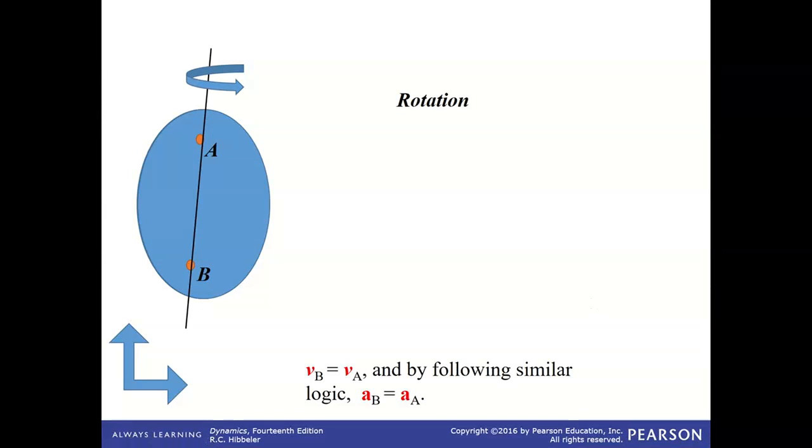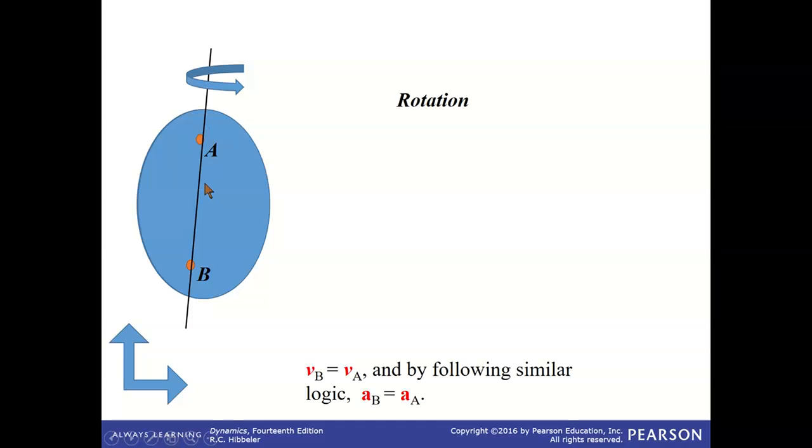The next type of motion for the body is pure rotation. So consider this body once again, and this vertical line is an axis, and the body rotates with respect to this axis in the counterclockwise direction. Points A and B are on the axis of rotation, so they do not have any change in their position with respect to time.